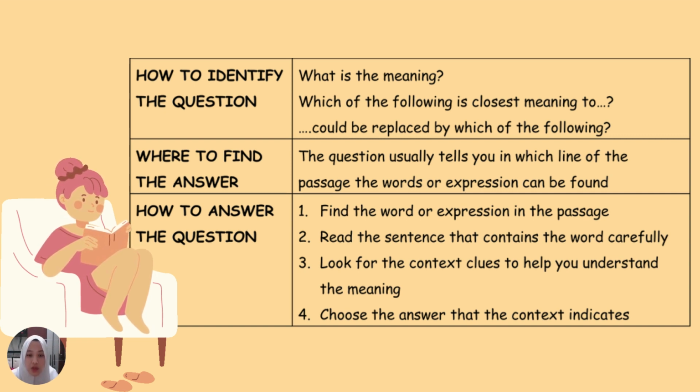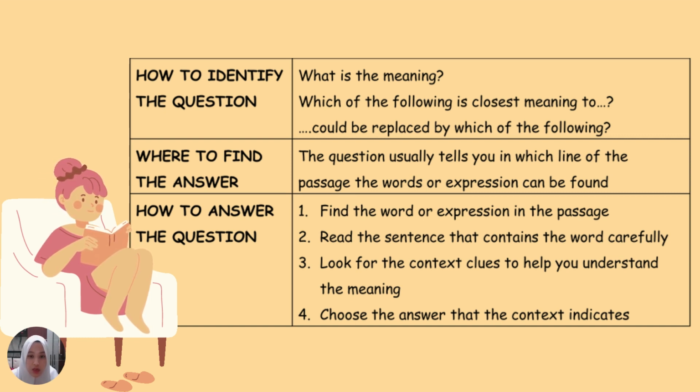So in this section, we discuss questions related to vocabulary. In the identify question, we look for the meaning of the word. Its meaning can be a synonym, or a word that means close together.